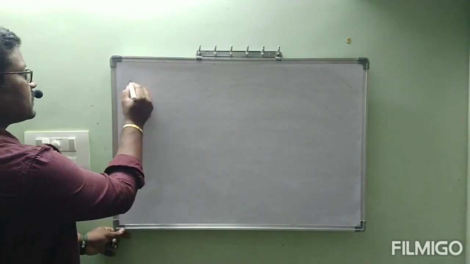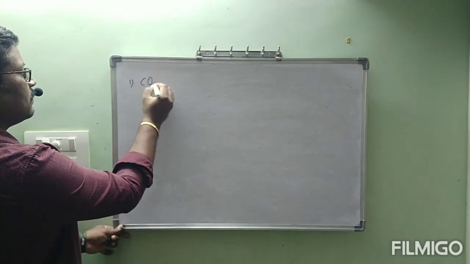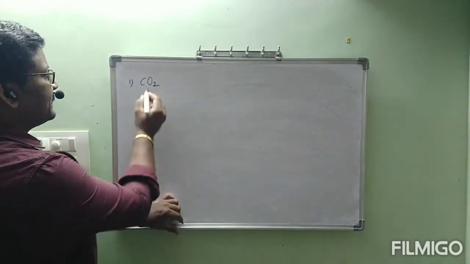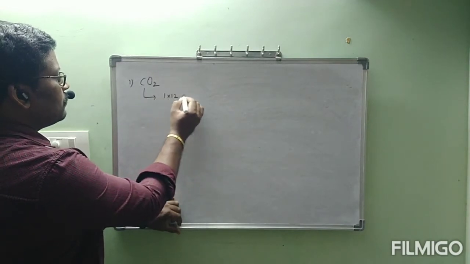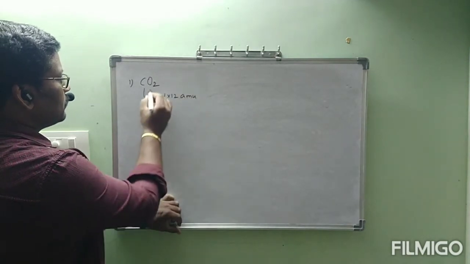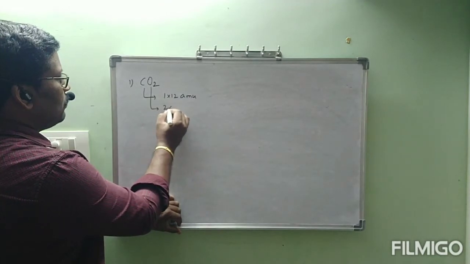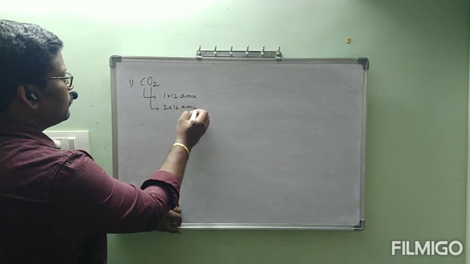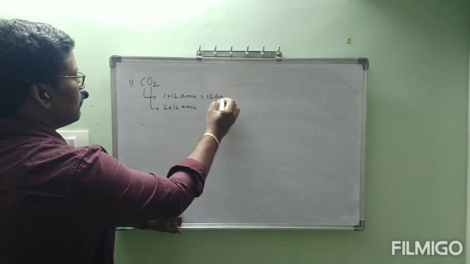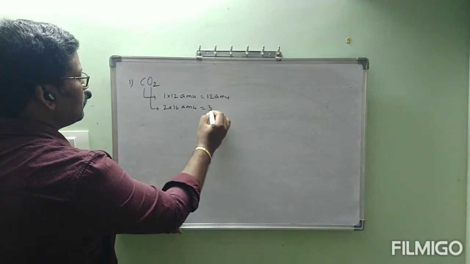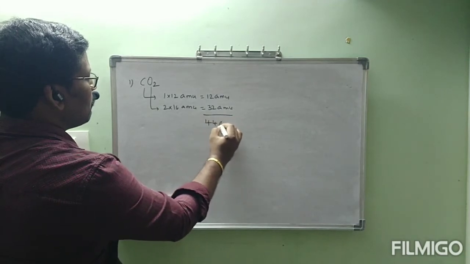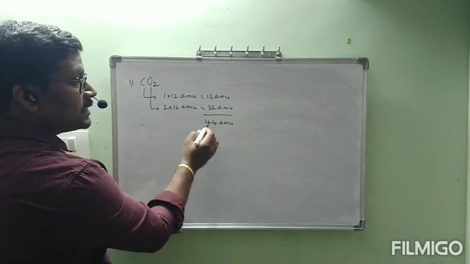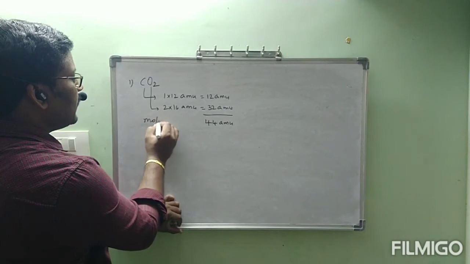First, carbon dioxide, CO2. 1 into 12 AMU. 2 into 16 AMU is equal to 32 AMU, total 44 AMU. This is called molecular weight.